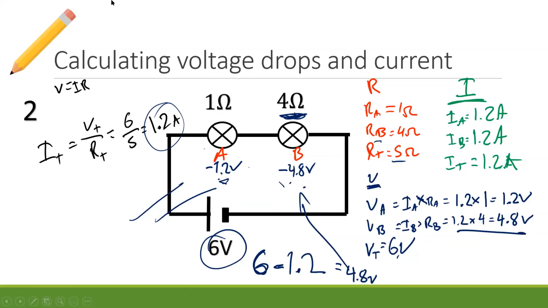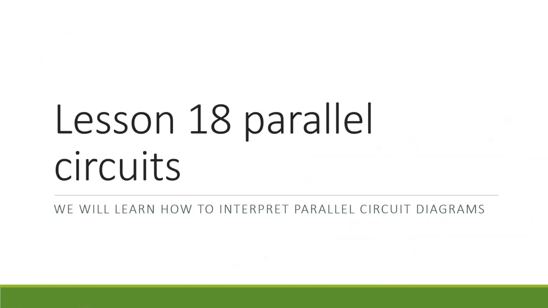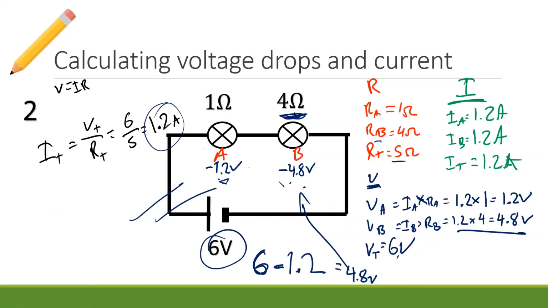You might be thinking, well, if the resistance is too high, will it still work? If you get a resistance that's really, really high, say I had a circuit with 5 volts and a part which is a 10,000 ohm resistor, you might go, what's the current going to be?